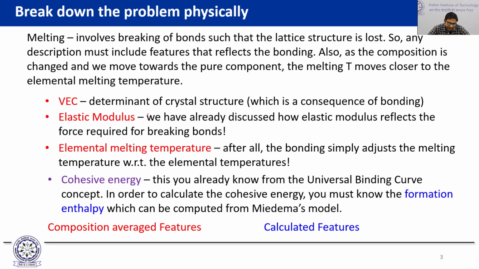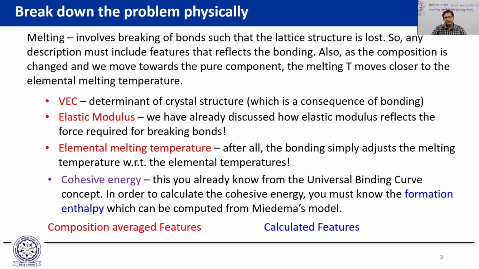Now, in terms of the cohesive energy, we have discussed a little bit about how binding takes place. So if you think along the concepts of the universal binding curve, you will know that the cohesive energy can be computed by using the formation enthalpy, which in turn you can calculate from Miedema's model. So instead of having the overall cohesive energy, you can simply use Miedema's enthalpy as one of the features and the elemental cohesive energies as the other feature.